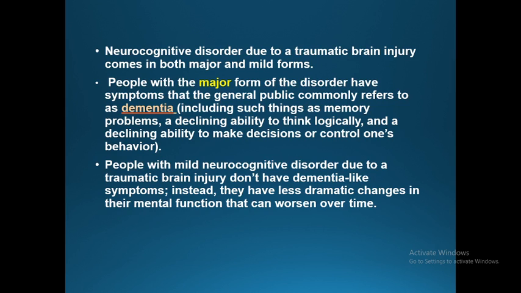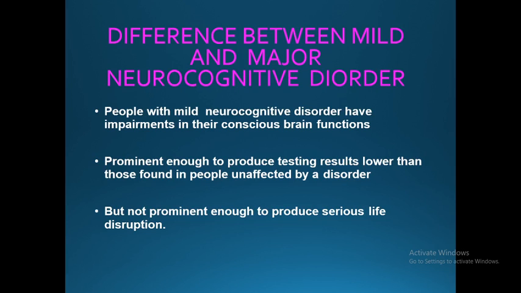In mild cases, they have less dramatic changes. So, the difference between mild and major neurocognitive disorder: with mild, they have impairment in their cognitive brain functions, prominent enough to produce testing results lower than those found in people unaffected by the disorder, but not prominent enough to produce serious life disruption. They have little problems, but not serious problems which disturb their life.